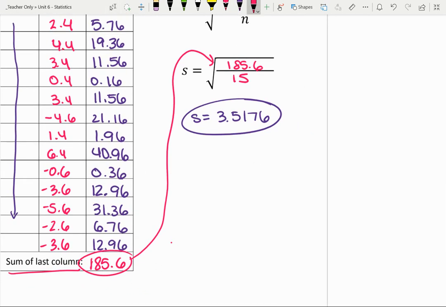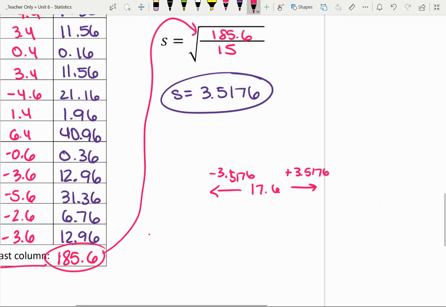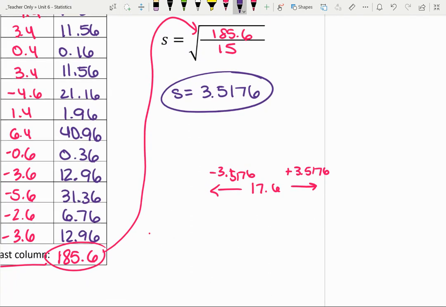So again, if I think about where my data is, my mean was 17.6. And if I'm adding 3.5176 or subtracting 3.5176, that's going to tell me that when I think about hurricanes in the United States over the course of several decades, I'm just going to do that subtraction, 14.0824.